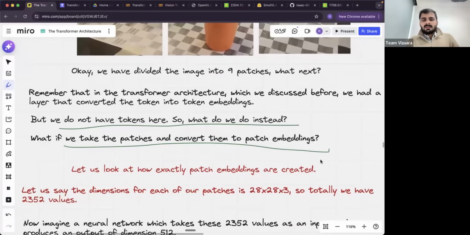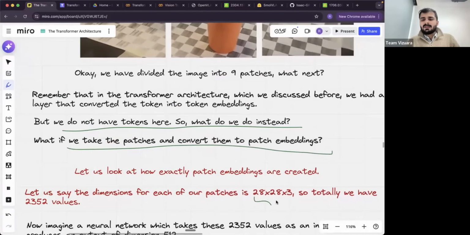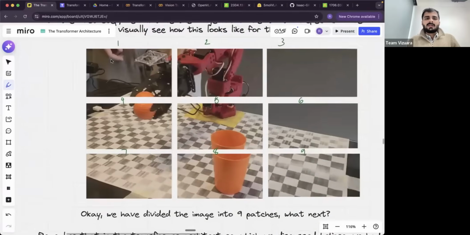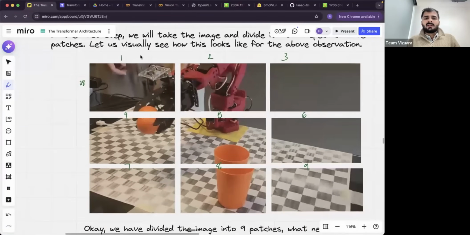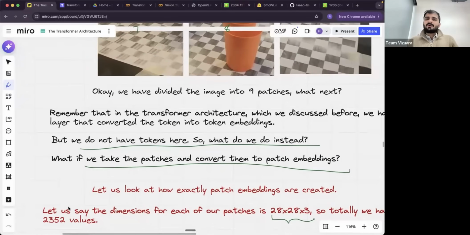Now, let us say that the dimensions of each patch is 28 by 28 by 3. So this patch is 28 by 28 and it has 3 channels. So in one patch you have 2352 values.